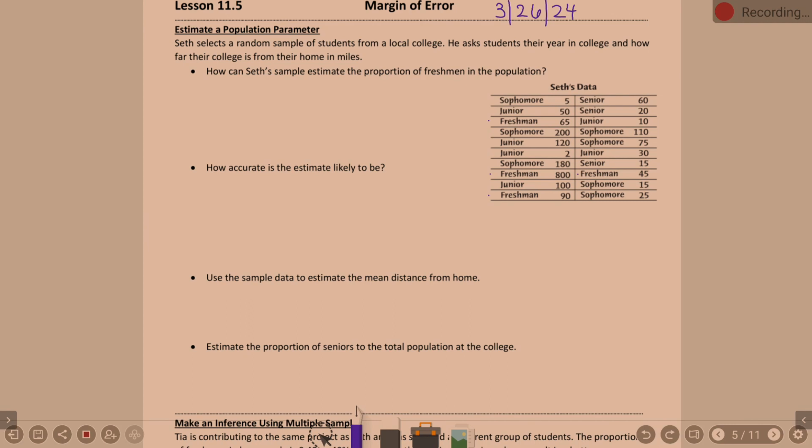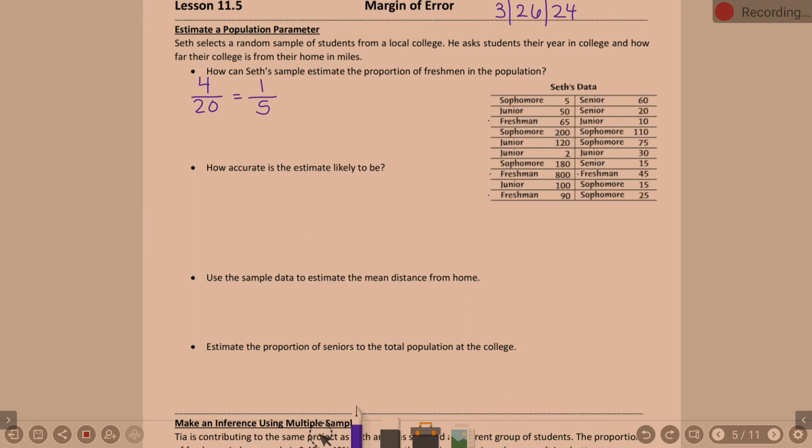How many students did he sample? 20 students. So what do we know? If he sampled 20 students, 4 of them were freshmen, how do we set that up? 4 over 20? 20%. And 4 over 20, if we reduce that as a fraction, it can go to 2/10 and becomes 1/5.